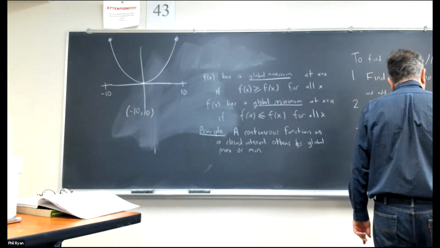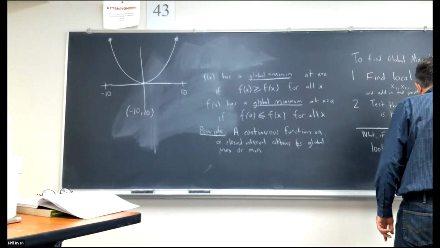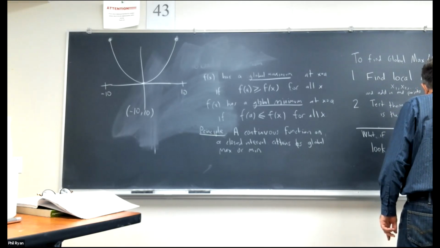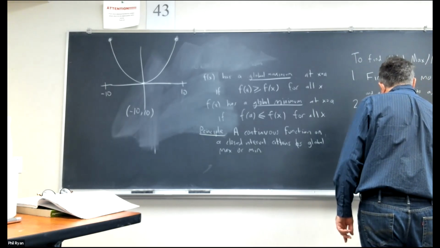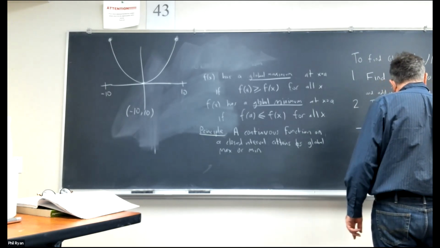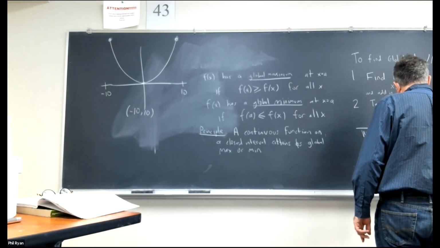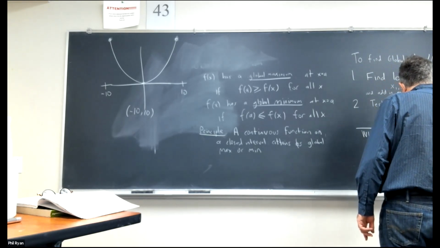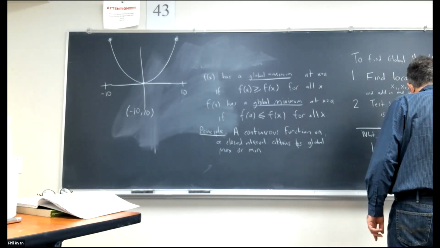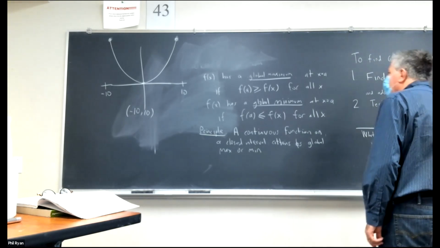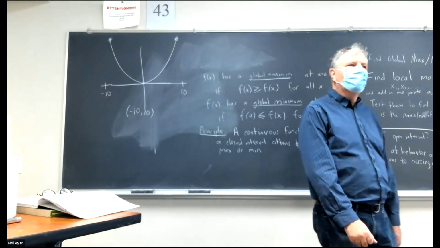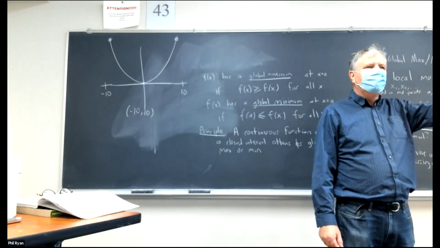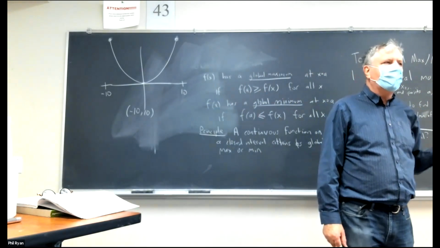But look at the behavior as the function goes to the missing endpoint. And so that usually means you have to graph it, or you have to do some kind of analysis.